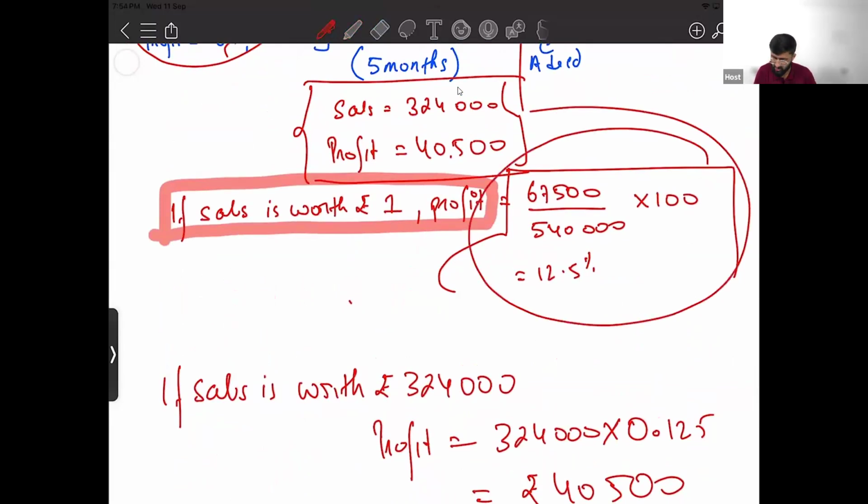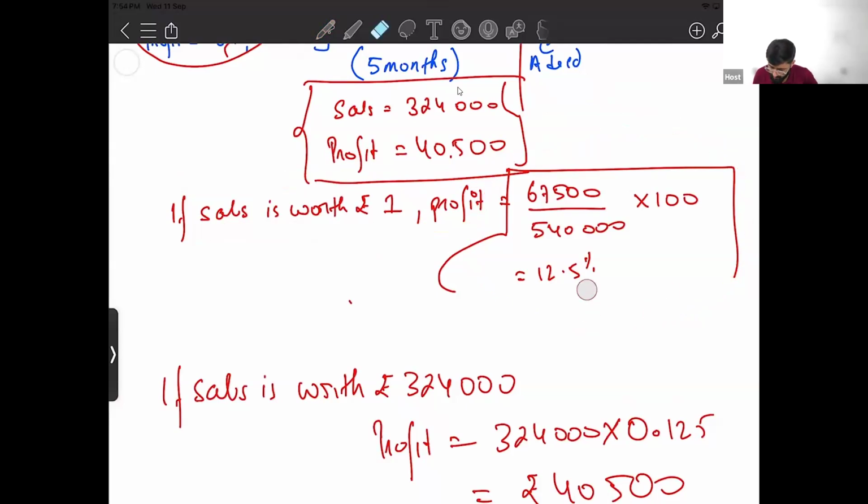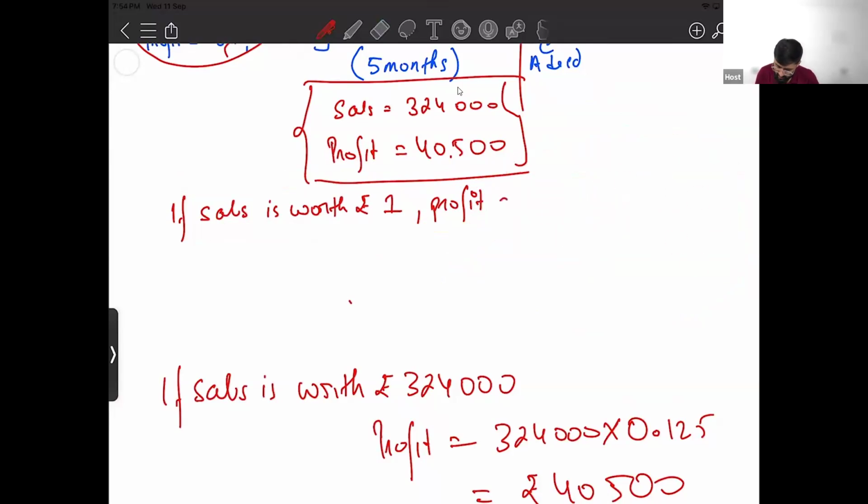Here it is 67,500 divided by 540, so we get net profit per sales. How do we do it? The formula for net profit ratio is net profit divided by sales into 100.